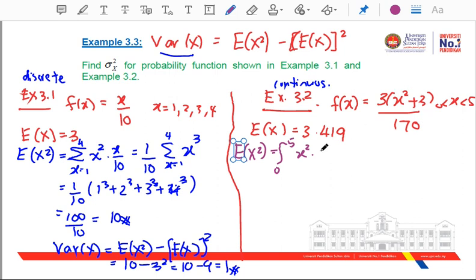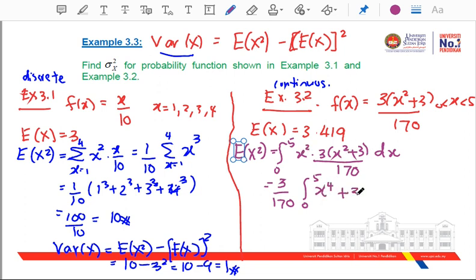The function given is (3x squared plus 3) divided by 170, and it is integration, so you have dx here. First of all, put the constant outside so that it's easy for you to calculate: 3 over 170, and you integrate x squared times x squared, which is x to the power of 4, plus 3 times x squared.